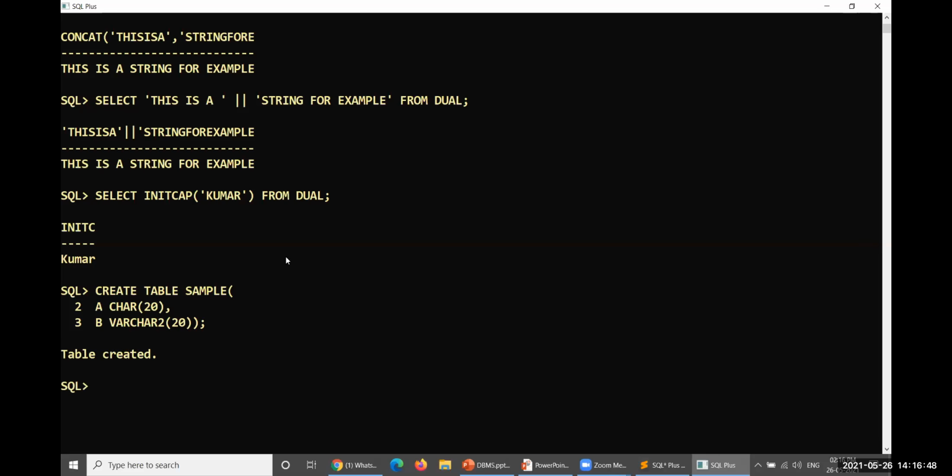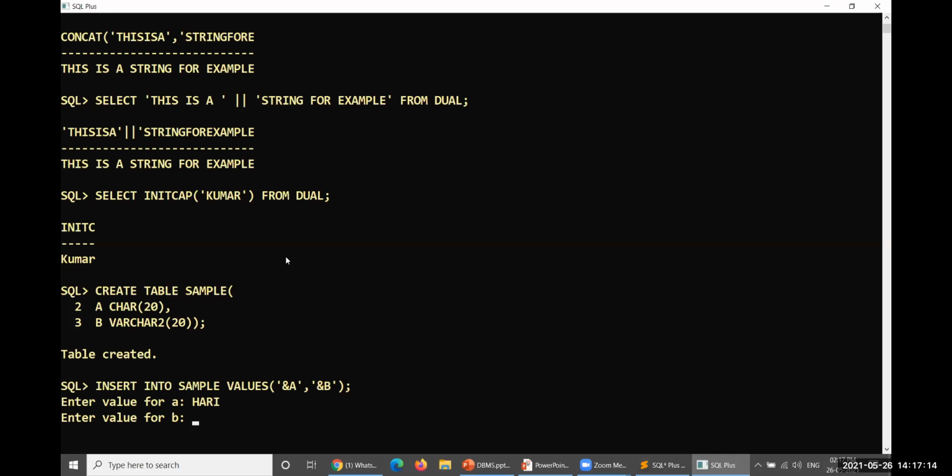And can we insert some values here? Insert into SAMPLE values. The first value will be ampersand A, let me introduce by taking some input from the SQL prompt, and the second one will be ampersand B. So let me take this one here. First value is Hari, let me say CSE.